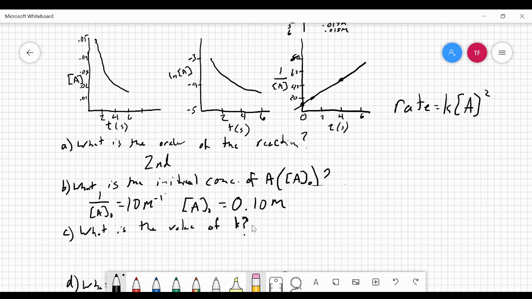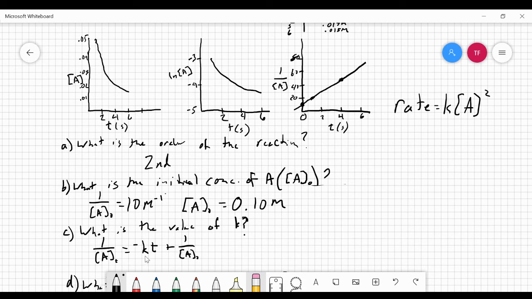So next, we want to solve for the value of K. Now remember, from our integrated rate equation, the inverse of the concentration of A at time t is equal to the negative K times T plus the inverse of the concentration of A initial.